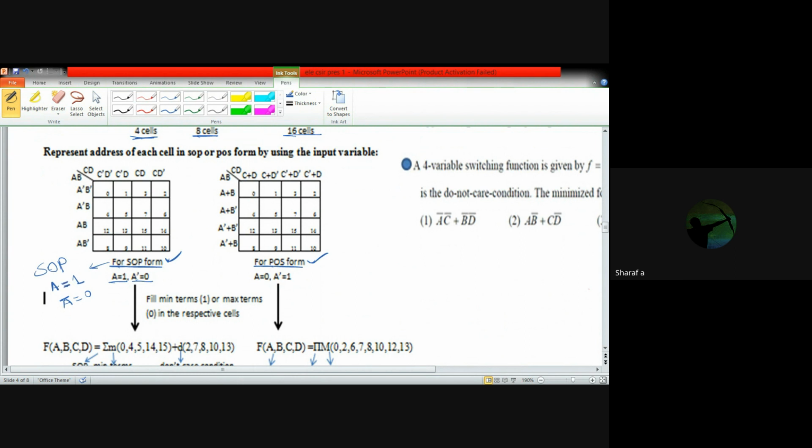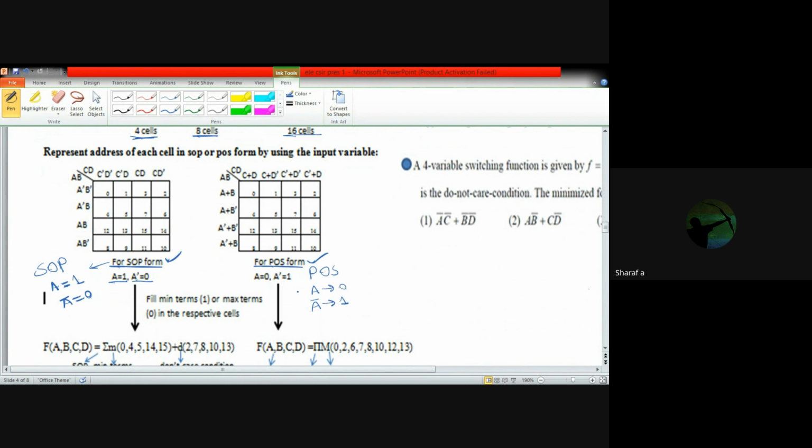If the variable is in complement form, it will be taken as 0. You will understand that a little after some time. But in the case of product of sum form, it is just the opposite. In product of sum form, A will be taken as 0 and A bar will be taken as 1.